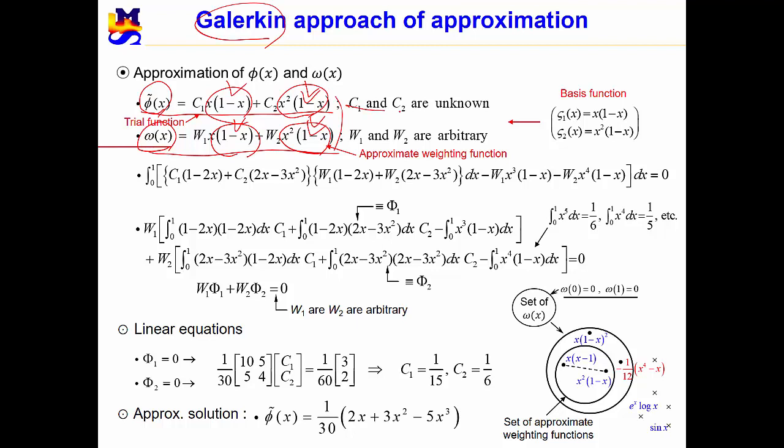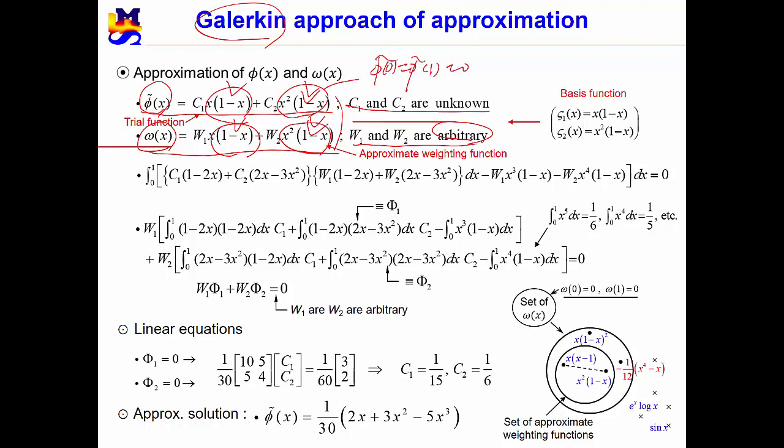Here, C1 and C2 are unknown constants, and W1 and W2 are arbitrary constants. Of course, it can be easily checked that the two functions satisfy their associated requirements.